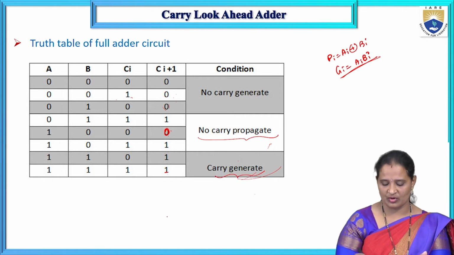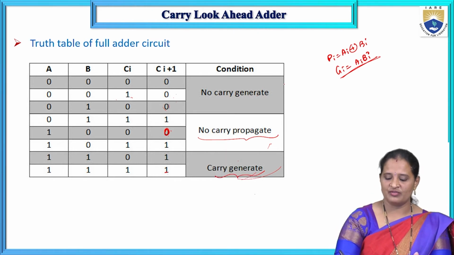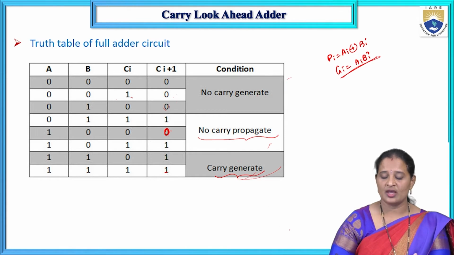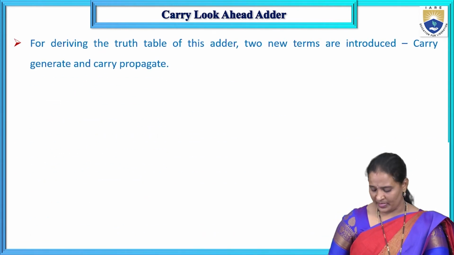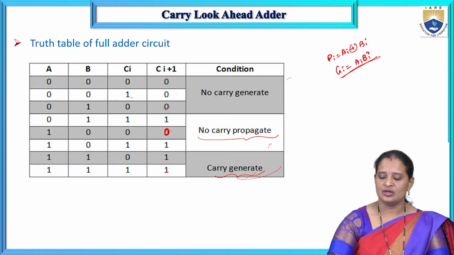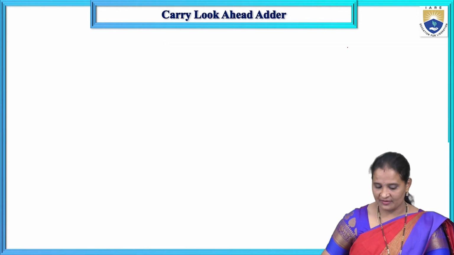So this is the truth table of the full adder, based on which we have understood the carry generate and carry propagate conditions. As we have the equations here, at every stage, irrespective of the carry input, we can have the carry generate and propagate function.